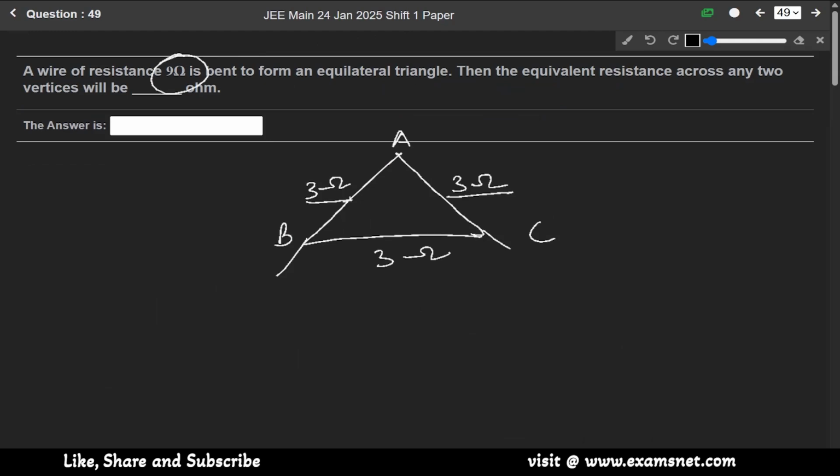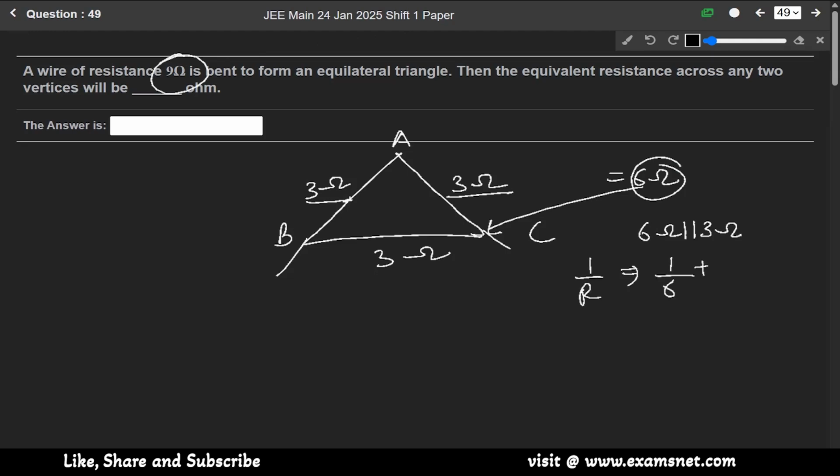Across any two vertices, let us take this 3 ohm and this 3 ohm. These two are in series, so it will be 6 ohm, and this 6 ohm will be in parallel to this 3 ohm. So 6 ohm parallel to 3 ohm. The resultant will be 1 over 6 plus 1 over 3, or we can say R equals R1 into R2 over R1 plus R2.